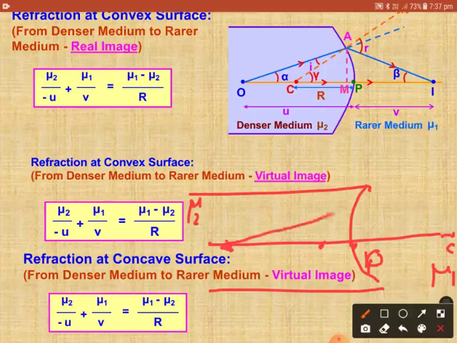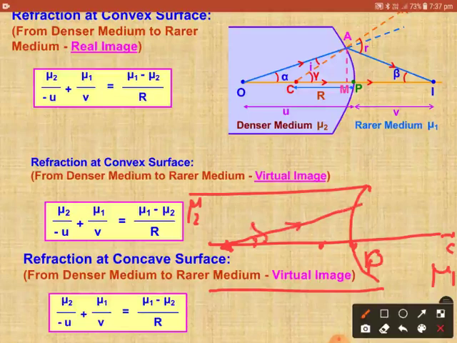So your incident ray will be here like this. So this will be your alpha. And your normal will be passing through this point. This will be your point of incidence, just like this A here.